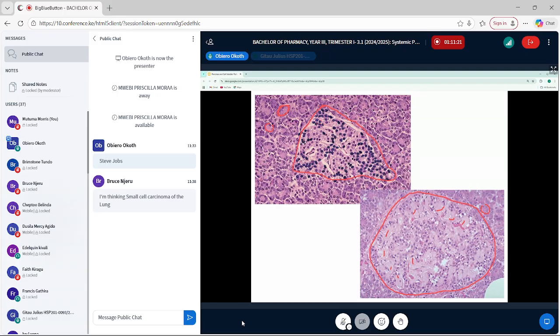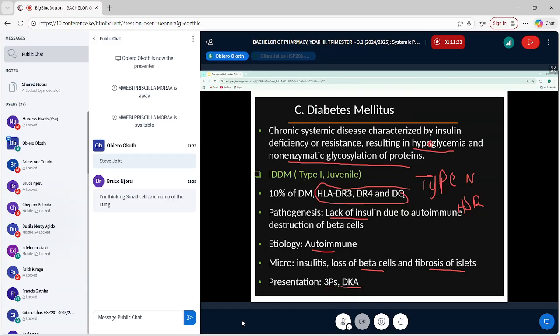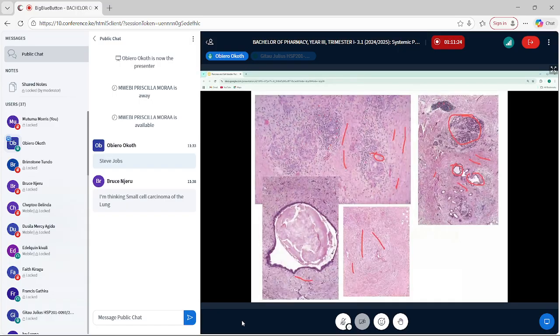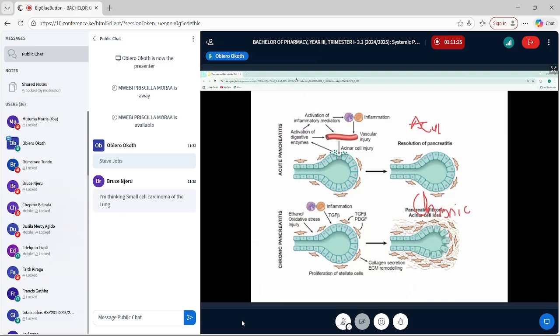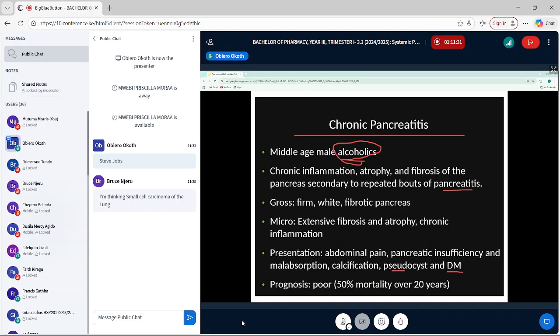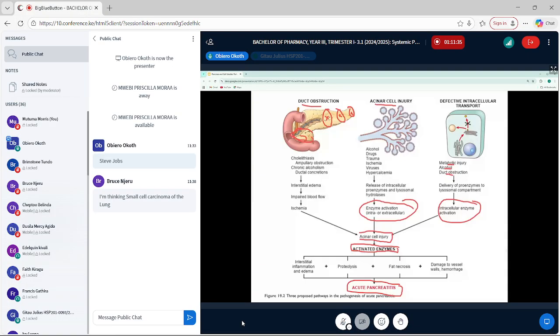But for the question you have asked, when you're talking of a tumor arising from the acini and the ducts, the term is pancreatic adenocarcinoma or pancreatic carcinoma. When you're talking about tumors arising from the islet cells, the best term would be pancreatic neuroendocrine tumor. So the insulinoma, the glucagonoma, the VIPoma, the gastrinomas, those are neuroendocrine tumors.